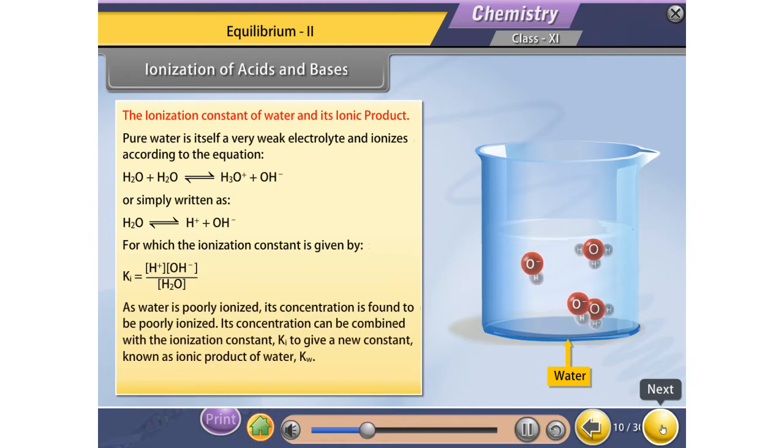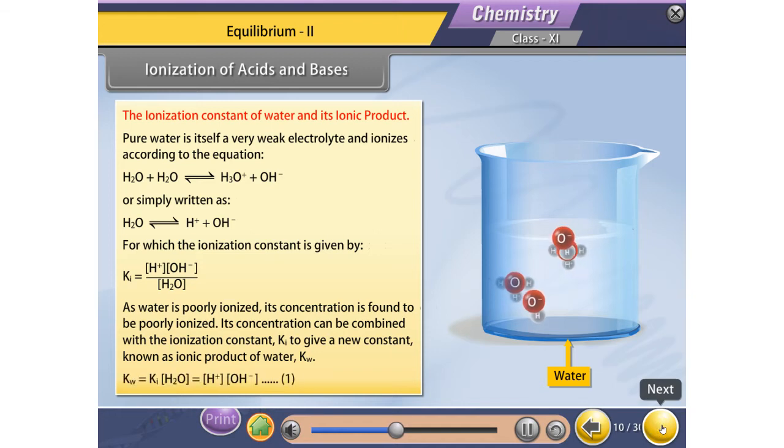As water is poorly ionized, its concentration is found to be essentially constant. Its concentration can be combined with the ionization constant, Ki, to give a new constant, known as the ionic product of water, Kw. Call it equation 1.